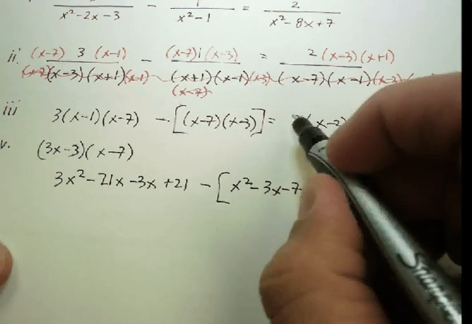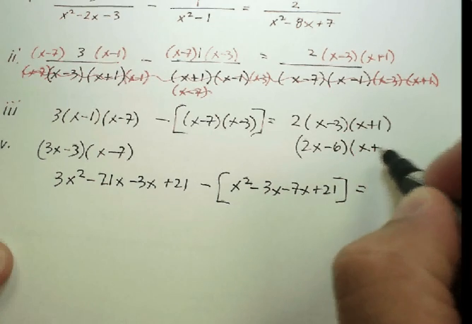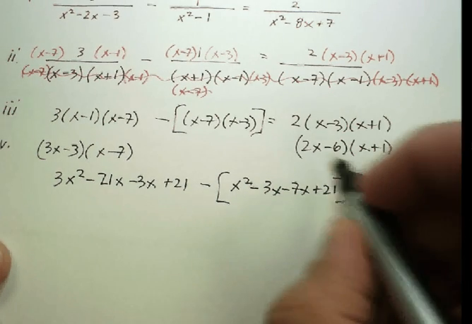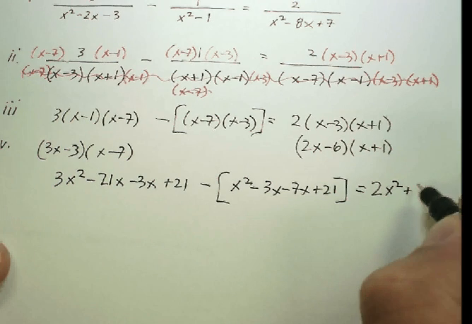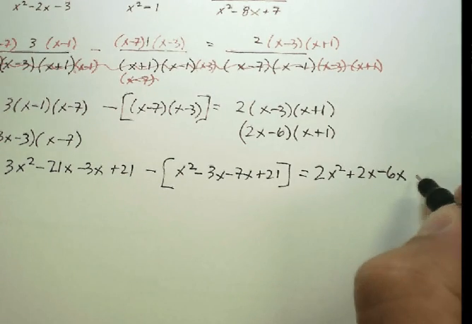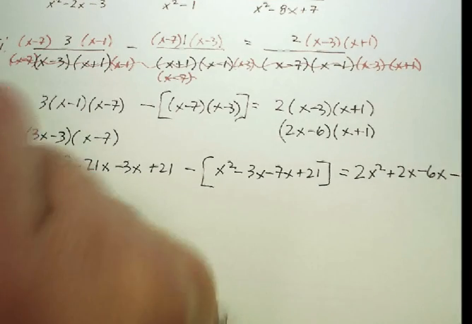Over here, it's going to be 2x minus 6. And now I can FOIL those two. That's going to be 2x squared plus 2x minus 6x minus 6. Wow. Kind of complicated looking. Let's keep on going here.